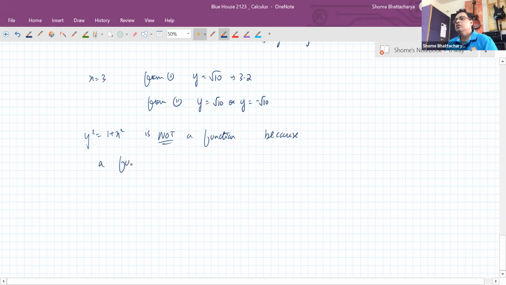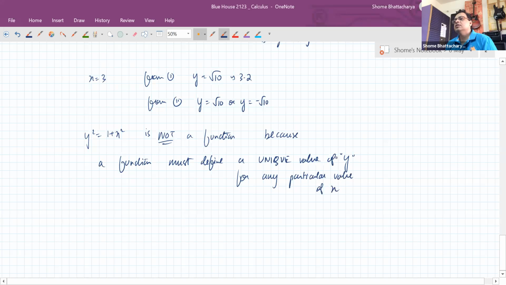a function, and this is a very important thing, must define a unique value of y for any particular value of x.